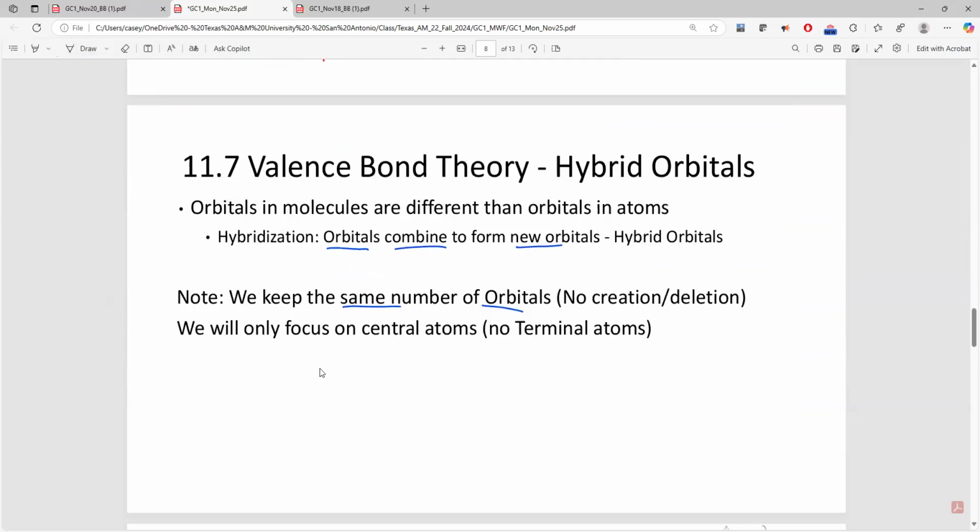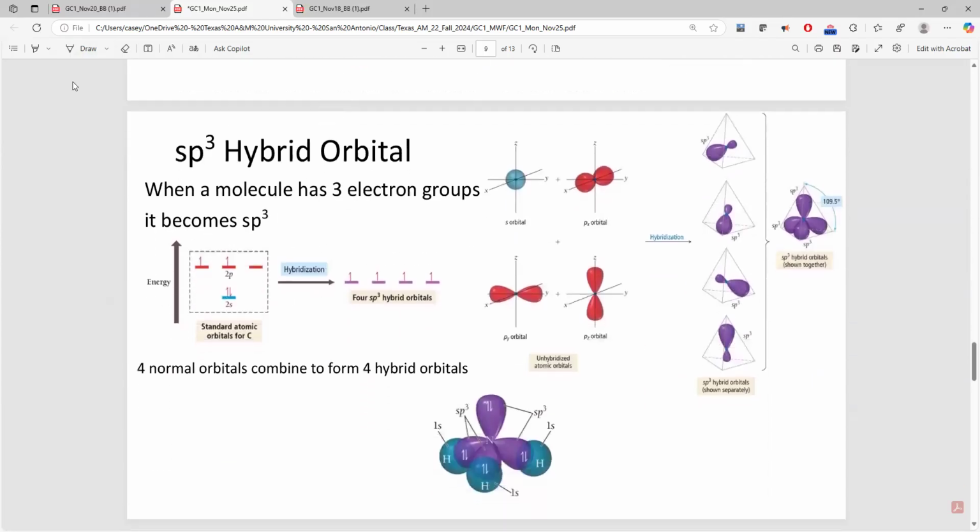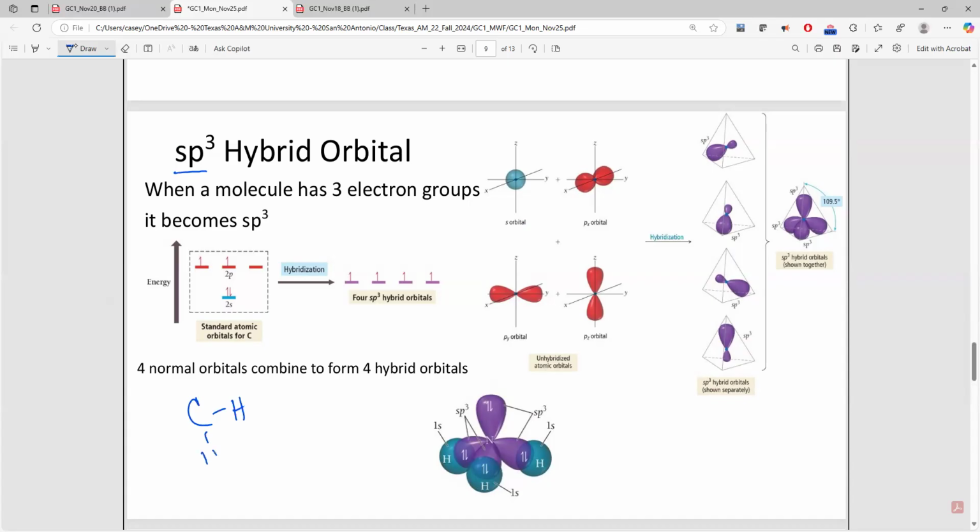For this hybrid orbital theory, to keep it simple, we're only going to look at center atoms. All right, so let's take a look at how we do this. We're going to start with the hybrid that's called sp3. All right, so this is carbon bonding with 4 hydrogens.